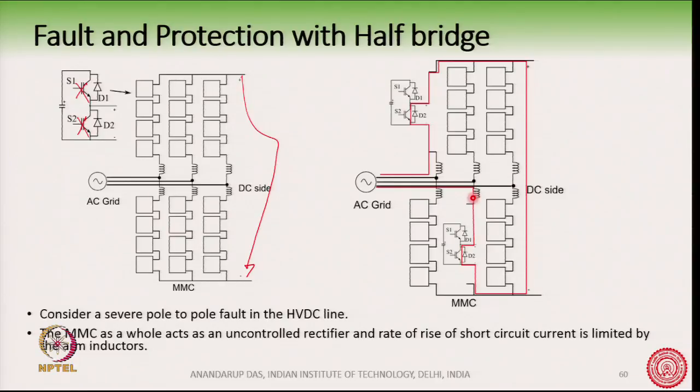That means if the rate of rise of current is di/dt, then VAB is equal to 2L di/dt, where L is the arm inductor. So, that is how the current will be limited. Therefore, the inductors in the MMC have a very important role to play during short circuit condition, because the rate of rise of the current during short circuit condition is controlled by the arm inductors.